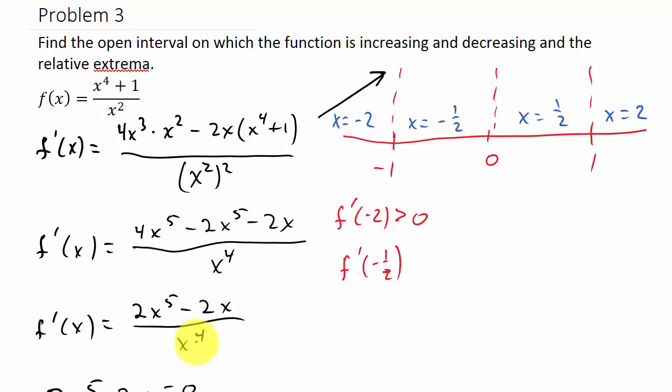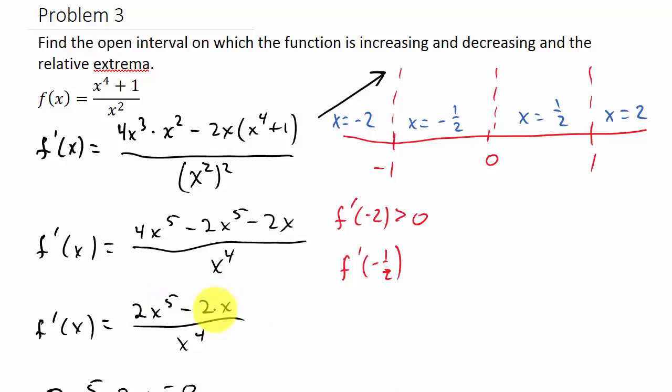The denominator is always going to be positive because it's raised to the fourth. I just need to check what the numerator is. So negative 1/2 to the fifth is negative 1 over 32, and 2 times negative 1 over 32 is negative 1/16.